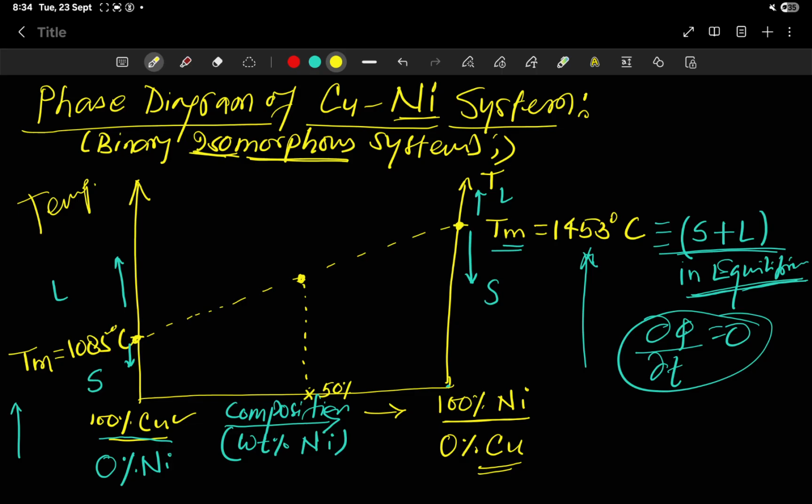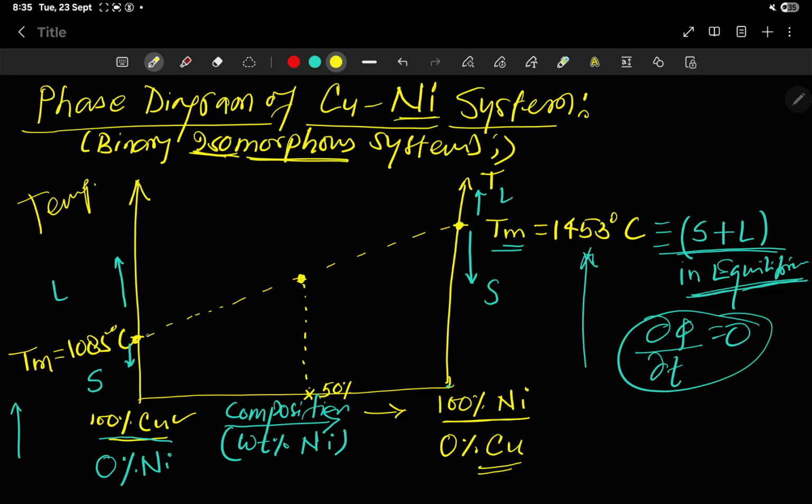Ideally, it looks like its melting temperature will be here for the alloy, but experimentally it was not observed. In case of alloys, melting happens over a range of temperature.